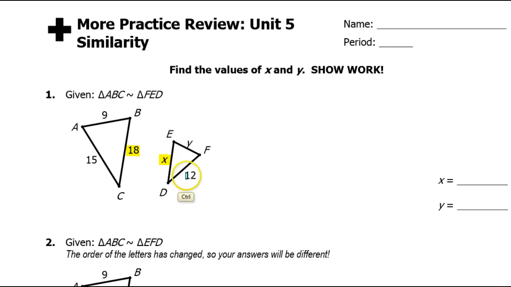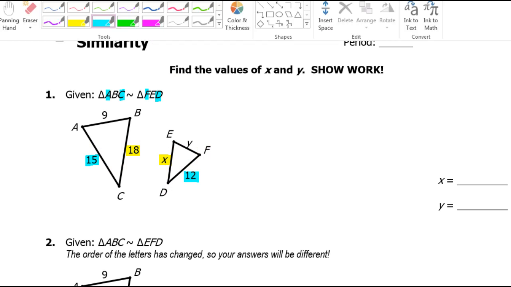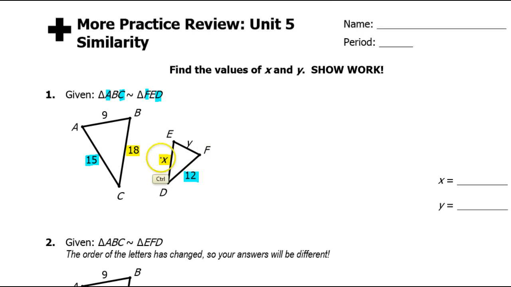Okay, I've got this 12 over here that I'm going to need. That's side DF. So that's going to correspond with AC. So the 12 corresponds with the 15. So when I make my fractions, I'm going to keep this in mind.